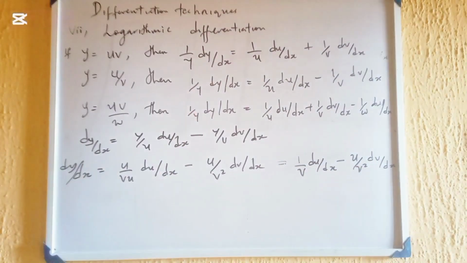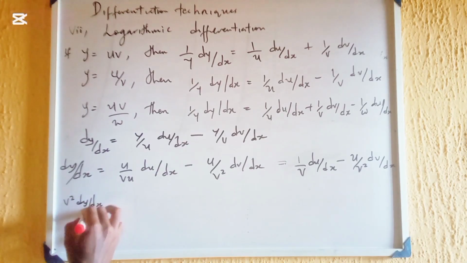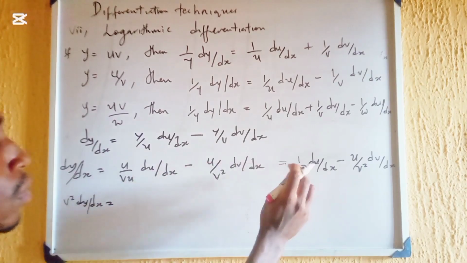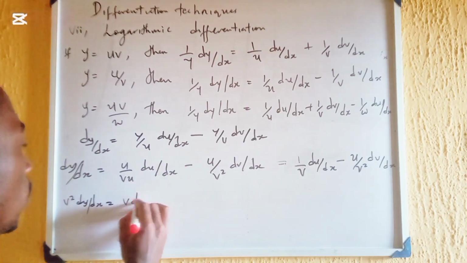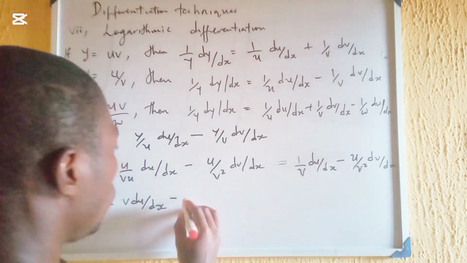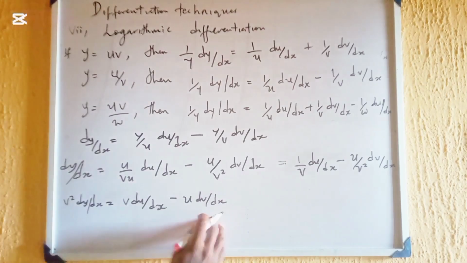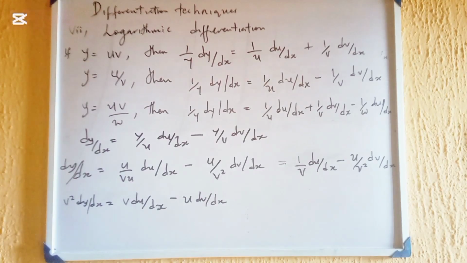So if we multiply both sides of the equation by v squared, we'll be having v squared dy/dx equal to v du/dx minus u dv/dx. So we divide both sides by v squared, making dy/dx the subject of the formula.